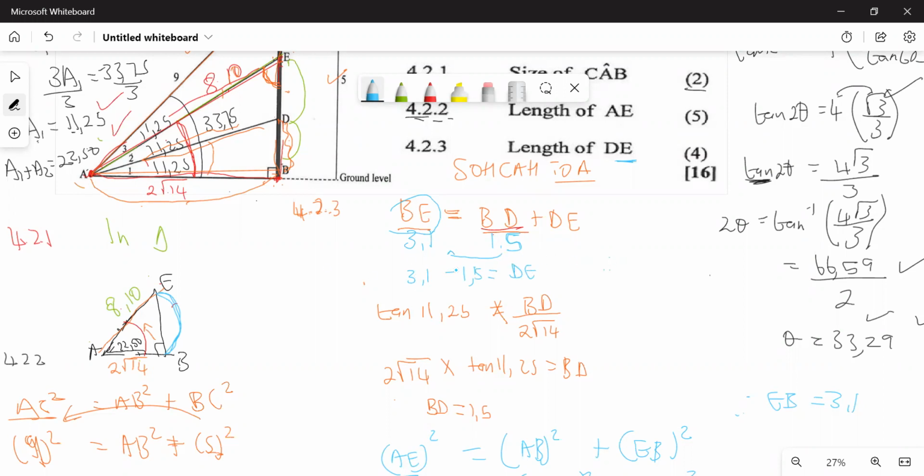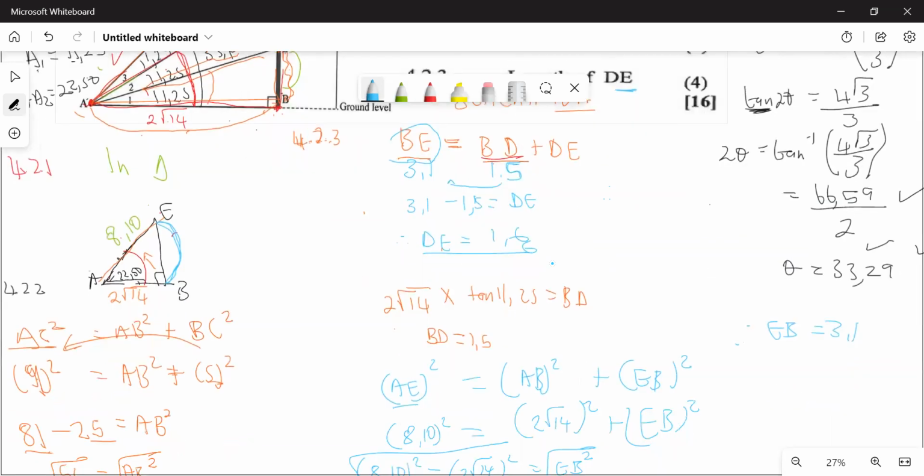Therefore, what is our DE? 1,6. And then we get our 4 marks.